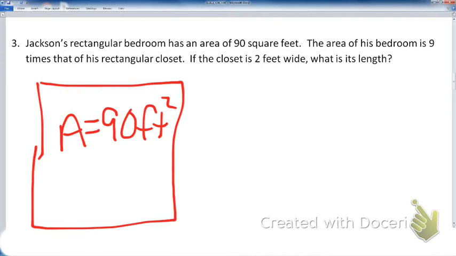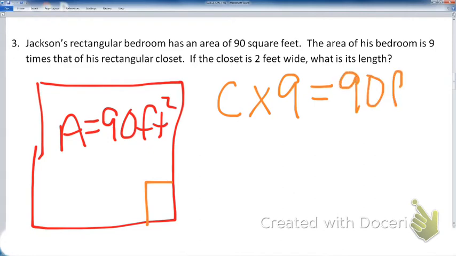Then the area of his bedroom is 9 times that of his rectangular closet. So that means his closet is smaller. If we take his closet and multiply it by 9, we're going to get his bedroom area, which is 90 square feet.